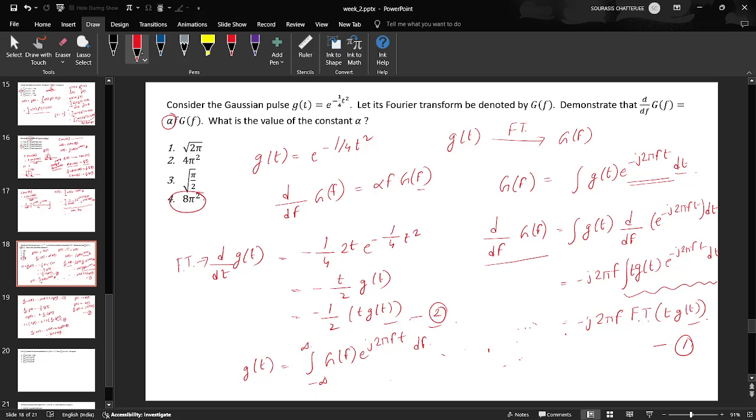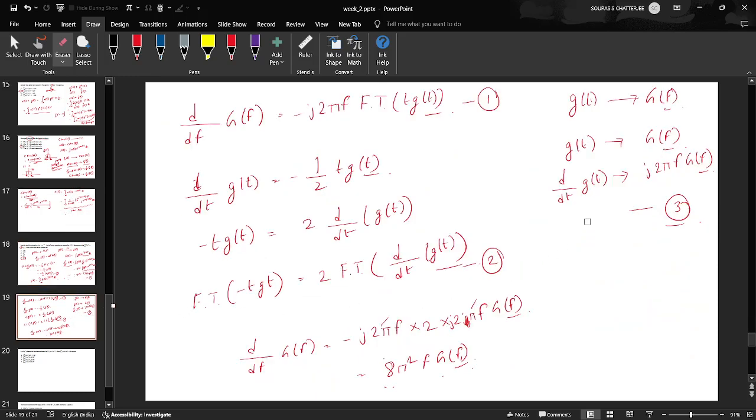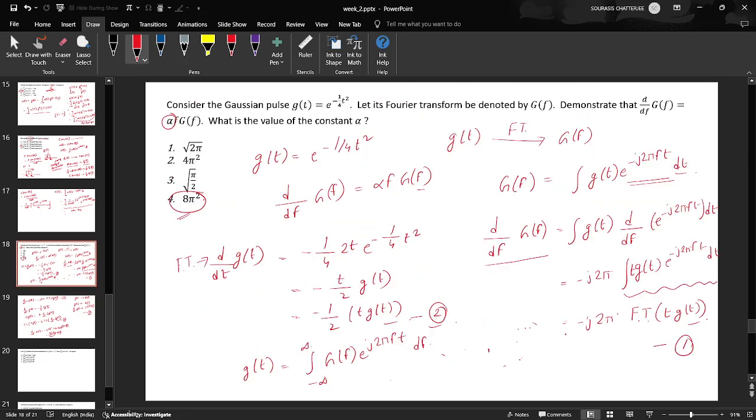Okay, sorry, I made a small mistake here: there should not be f here. We have j 2 pi f t and we are taking the derivative with respect to f, so 2 pi t only, so it should be 2 pi here. There should not be f here and no f here, so now you will have 8 pi squared f G(f). Okay, fine. So this is the constant we are looking for, and this is what we obtained here, 8 pi squared.